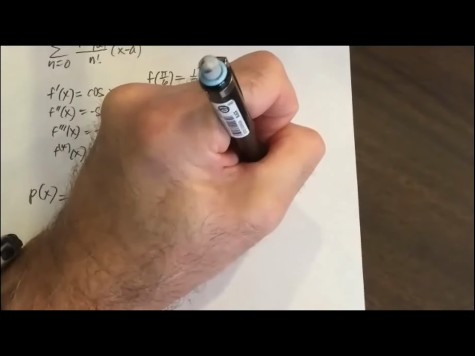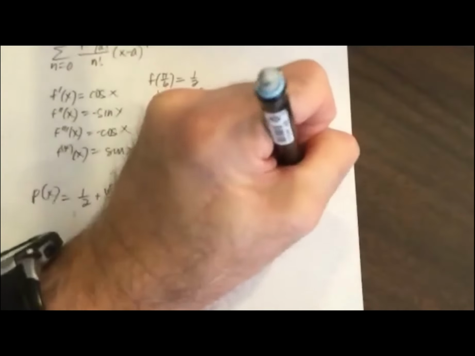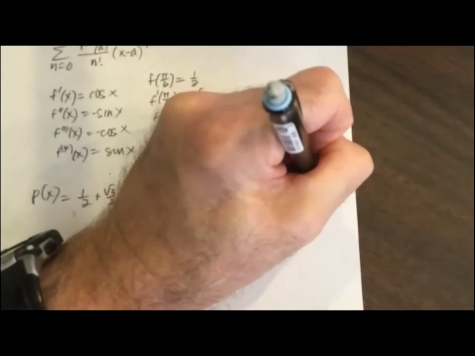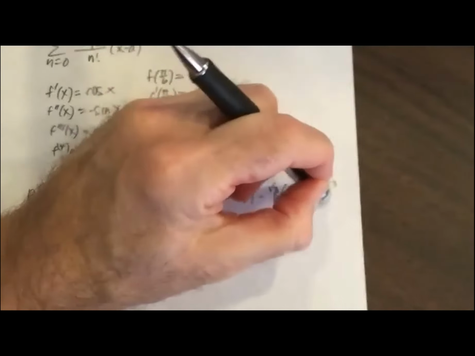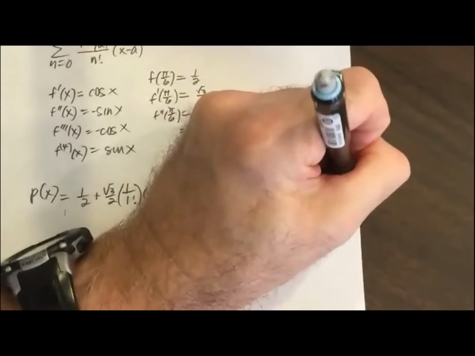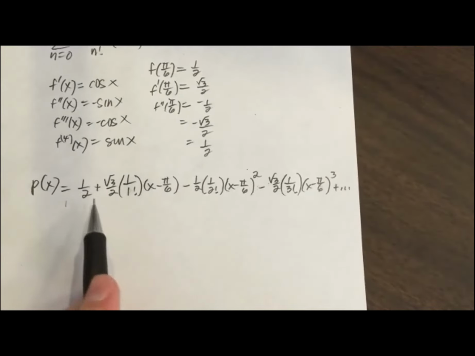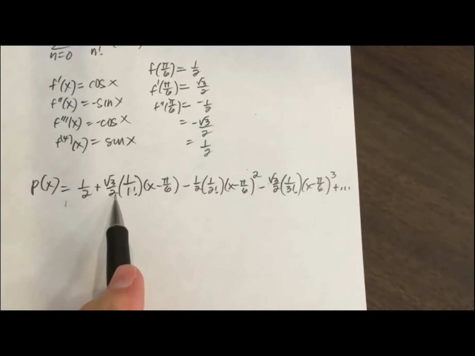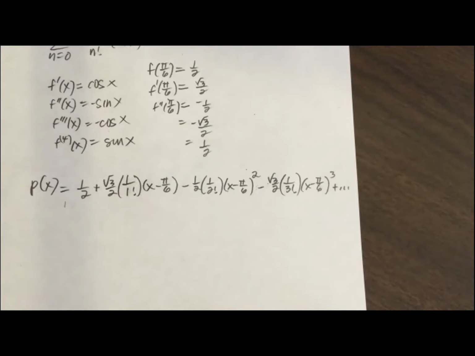Minus root 3 over 2 times 1 over 3 factorial times x minus pi over 6 to the third power. Plus dot, dot, dot. So what does that look like? Well, in summation notation, it's hard to write it because these coefficients are going around in a circle, and I don't know how to write a formula for them. So I would just leave it like this.